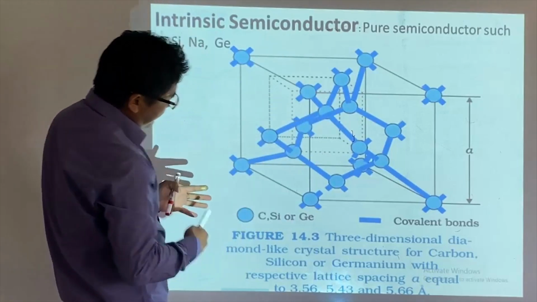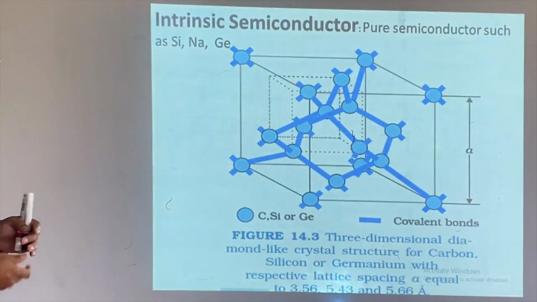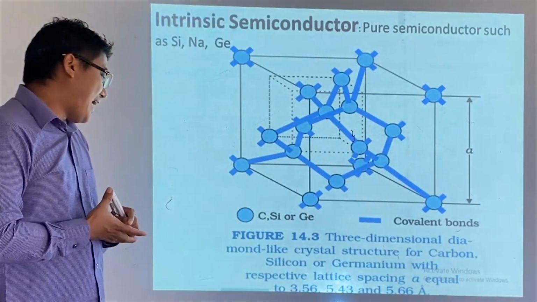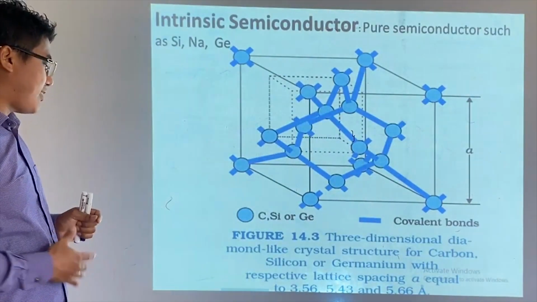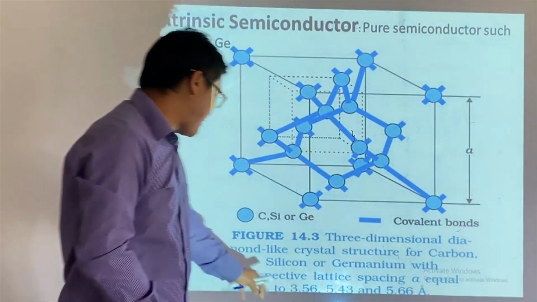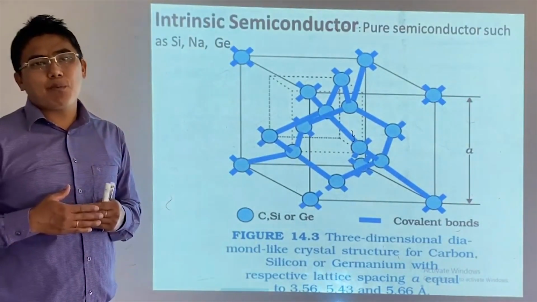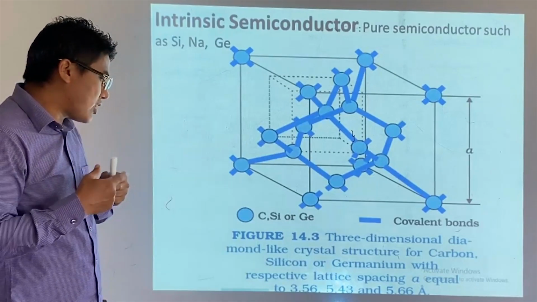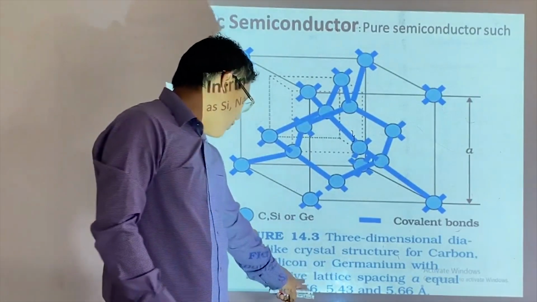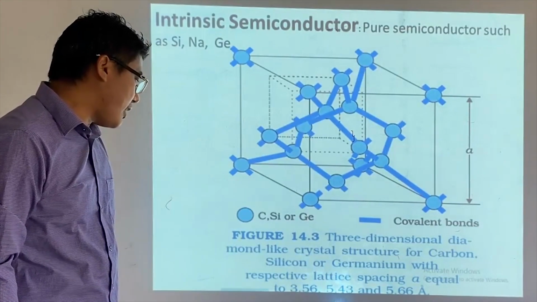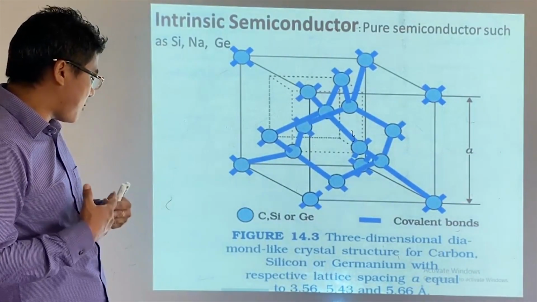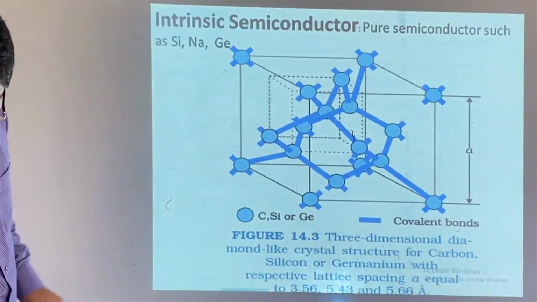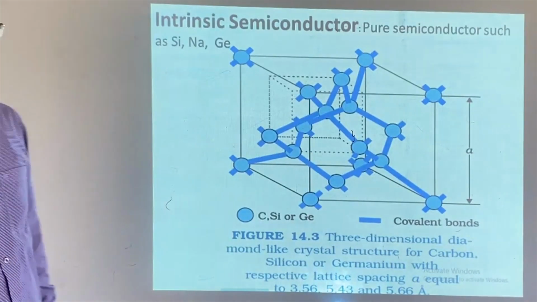And this is the silicon crystal, a 3-dimensional diamond-like crystal structure for carbon, silicon, or germanium with respective lattice spacing. Lattice spacing means the distance between two atoms: 3.56, 5.43, and 5.66 angstrom for carbon, silicon, and germanium.